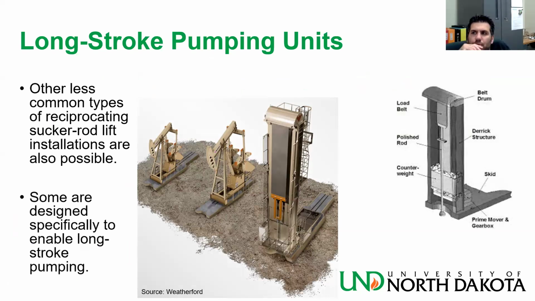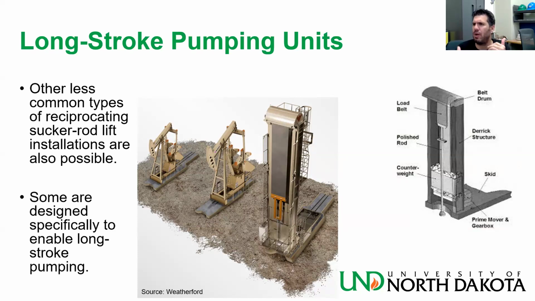Now, with the long stroke pumping units, you have a polished rod, it's longer. You have a load belt that moves up and down at a much bigger oscillation amplitude than the beam, the sucker rod pumps, the pump jacks. You have the prime mover at the back, which is basically a motor, and the counterweight right there.